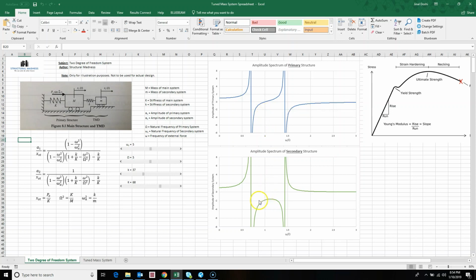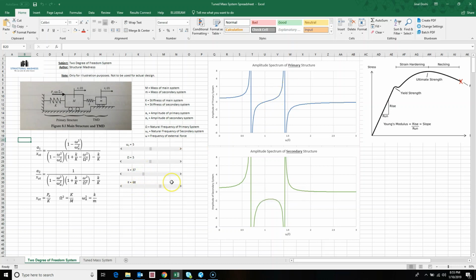But at the same time there is a movement in the tune mass damper, and that's fine because the tune mass damper is designed for absorbing these loads, and it's there so that it provides more human comfort, so that the building doesn't move and we don't feel any accelerations. So that's okay, we can account for this displacement inside the building itself.